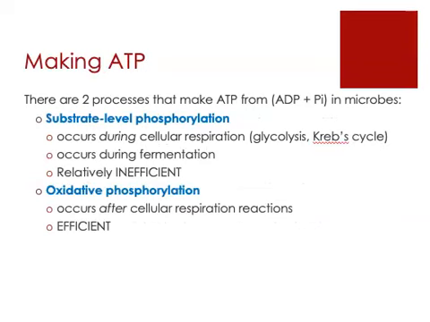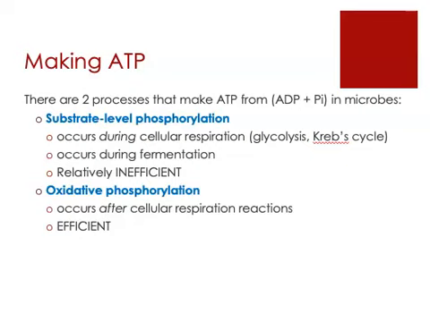So we've said that cellular respiration is followed by oxidative phosphorylation, and that can be aerobic or anaerobic. And the purpose of those two sets of reactions is to produce ATP.